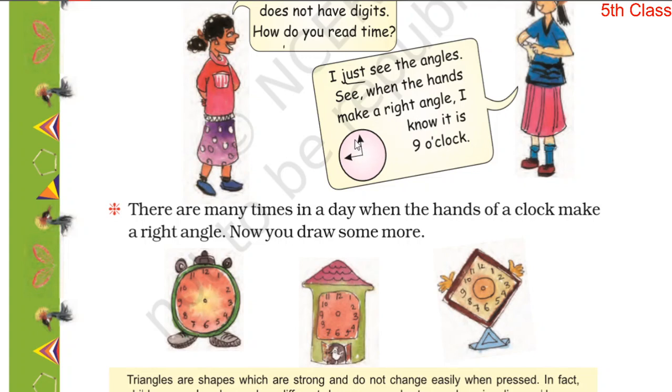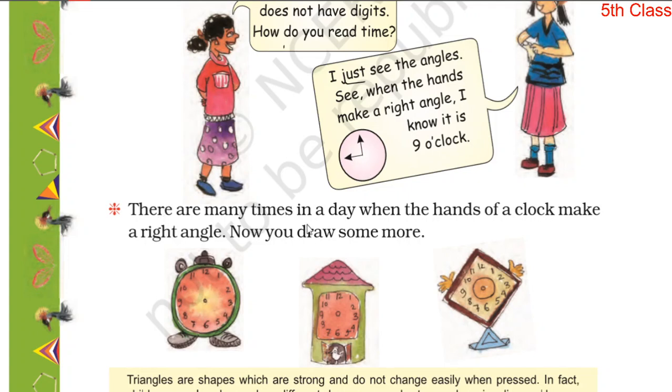Even though there are no digits in the dial of the watch, she can say the time exactly. Why? Because by using the hour hand and minute hand, she can tell the time correctly.